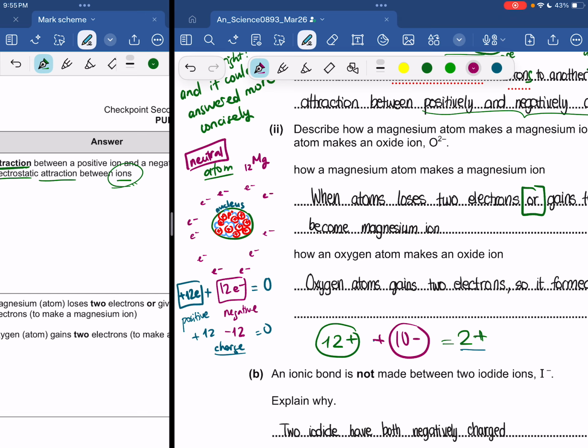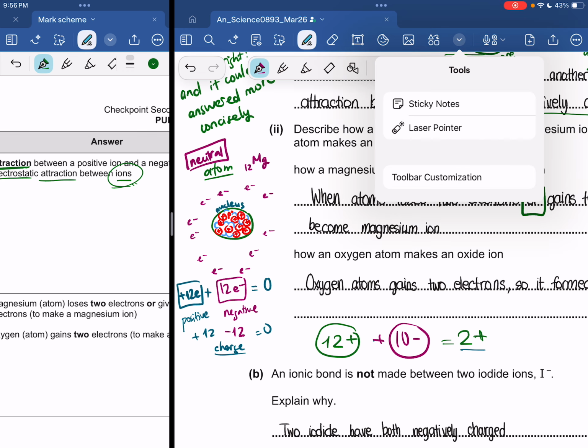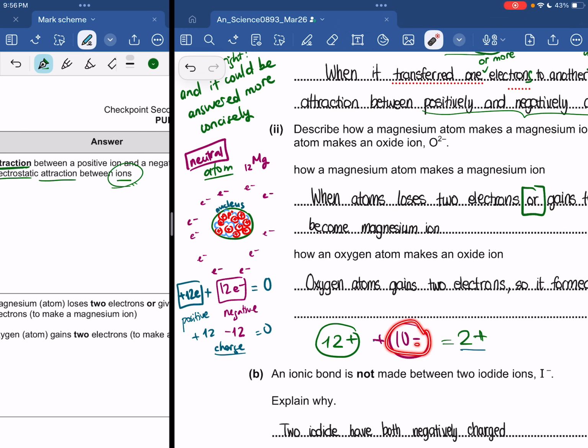You don't have 12 electrons anymore, but you only have 10, okay? Just 10 electrons. 2 electrons have gone away. Can you see that? They say, hey, bye bye. I'm traveling to the oxygen atom, that we will talk about later, to make it into an oxide ion. Okay, so that's the 2 electrons moving away.